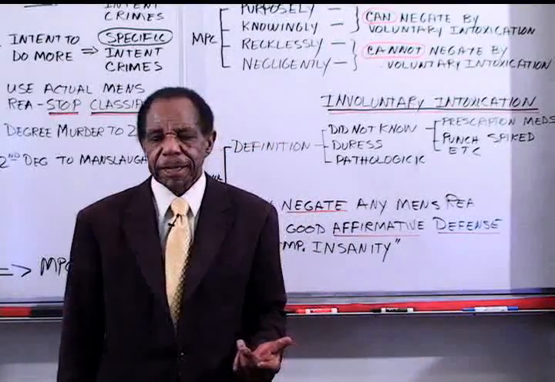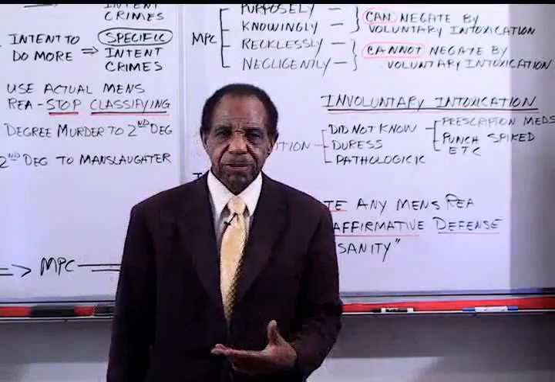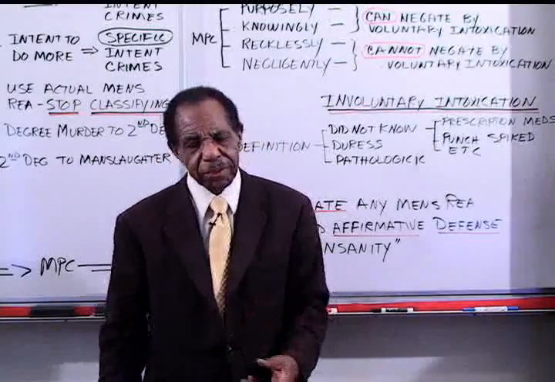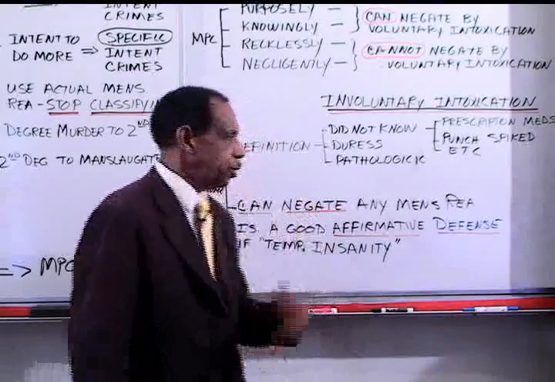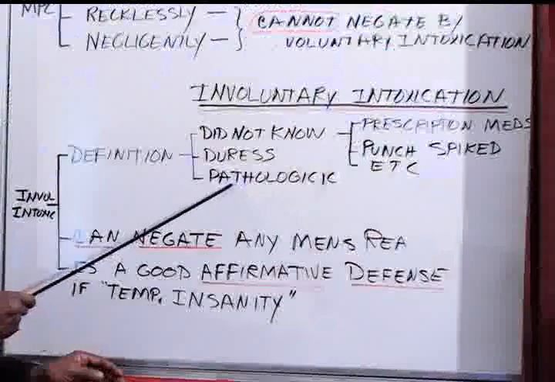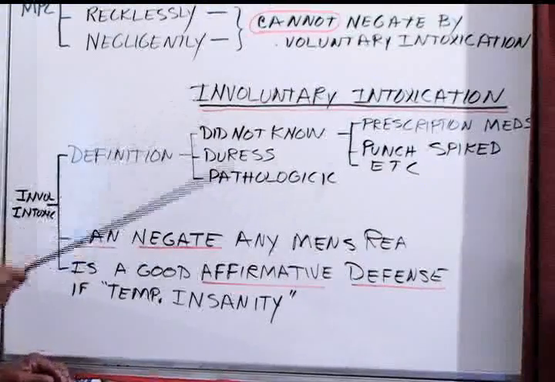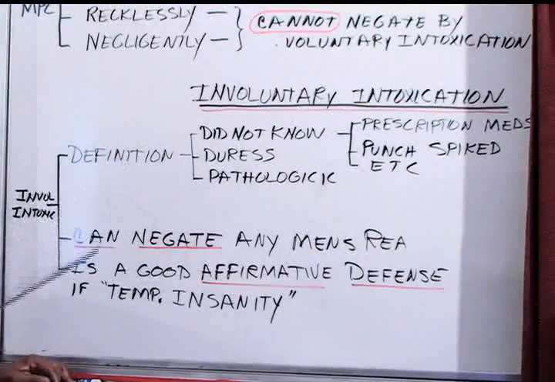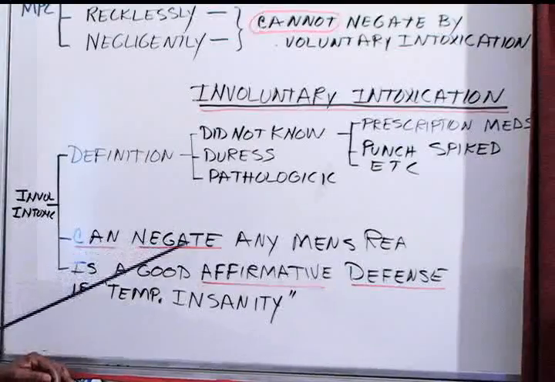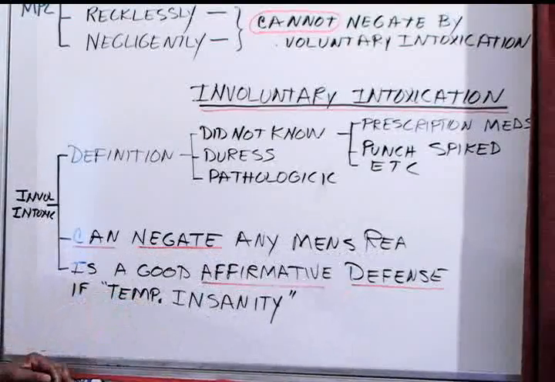But you have to have a situation where the person really had no reason to know that this little bit of use of that intoxicant was going to do all that, and in those cases, that is treated as involuntary intoxication also.